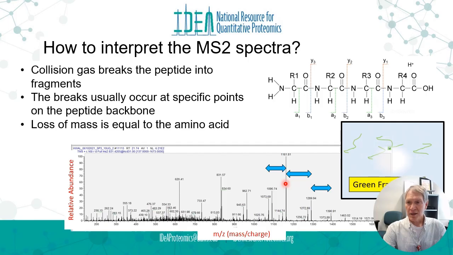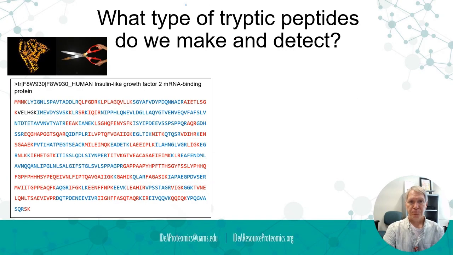Just to remind you, these green fragments that we talked about over here are going to be these different signals right here. And if we subtract these out, we can decide whether this mass difference here is because of a tyrosine or a glycine or a serine, etc.